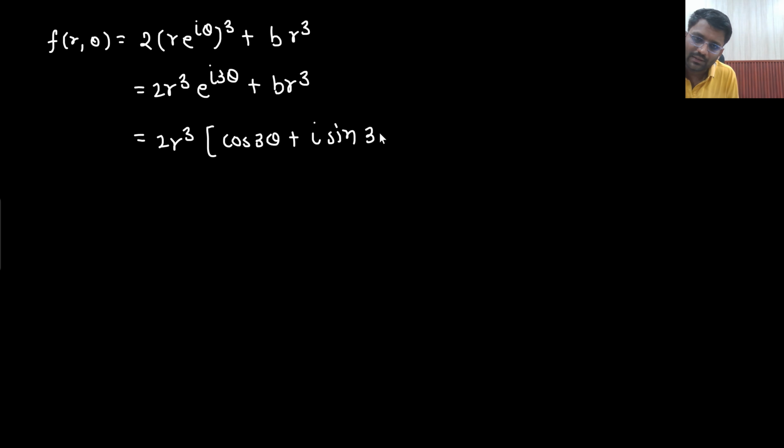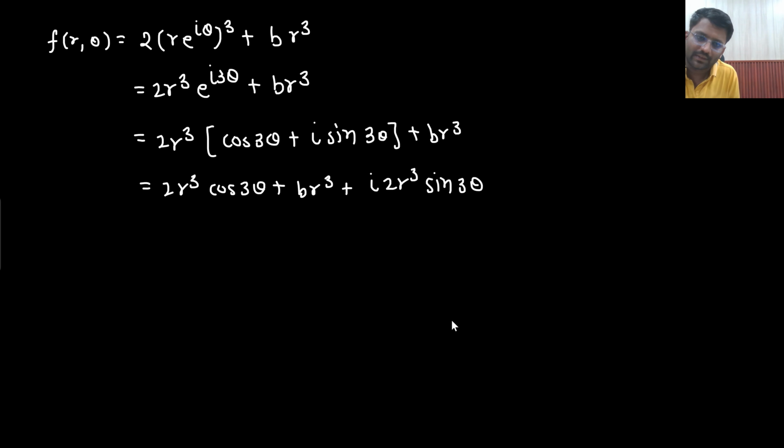So 2r cube e to the power iota 3 theta plus b r cube. So 2r cube, e to the power iota 3 theta would be cos 3 theta plus iota sine 3 theta, plus b r cube. So the answer is 2r cube cos 3 theta plus b r cube, plus iota 2r cube sine 3 theta.